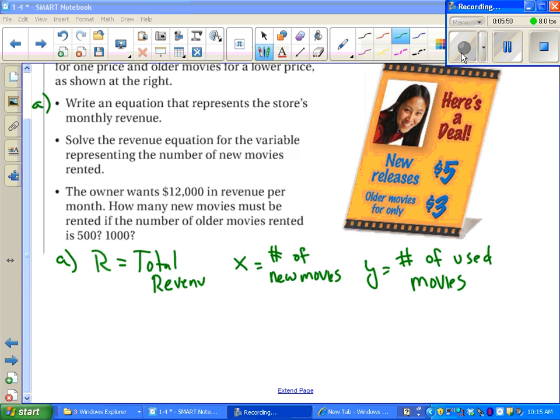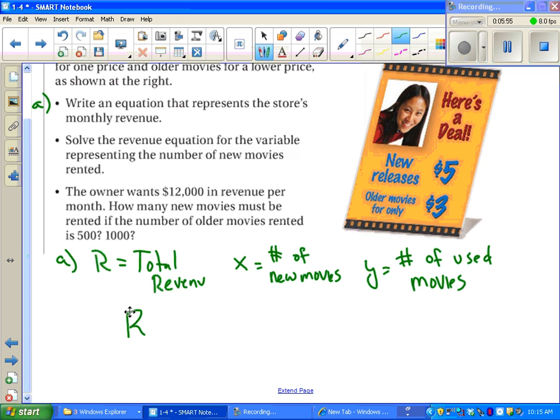Once we've defined these variables, it's not too hard to come up with an equation. Our total revenue is going to be the number of new movies we rented times how much we get. We get $5, so 5x plus the amount we get per used movie times the number of used movies. It's 3 times y. So that gives us an equation that has the store's revenue.